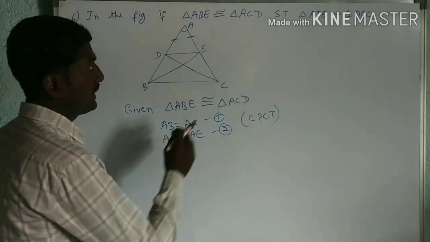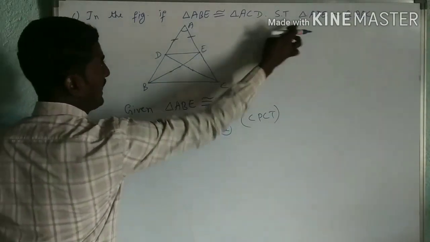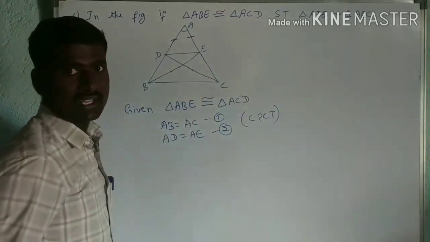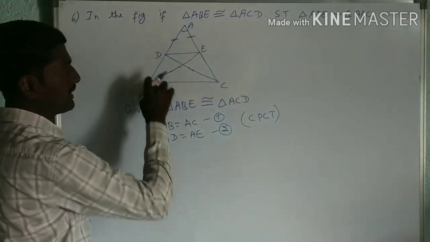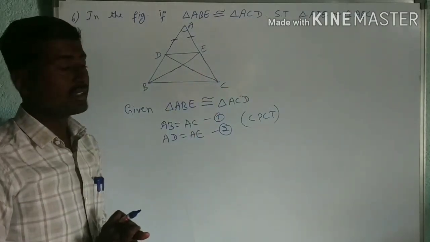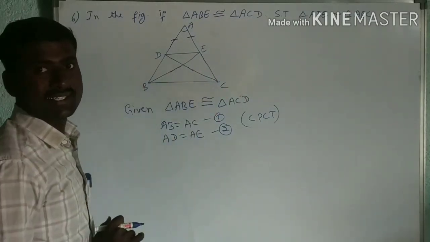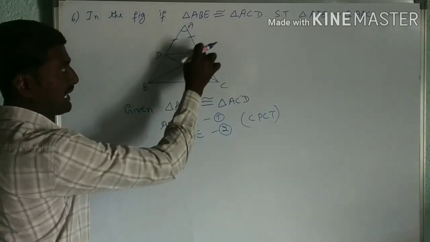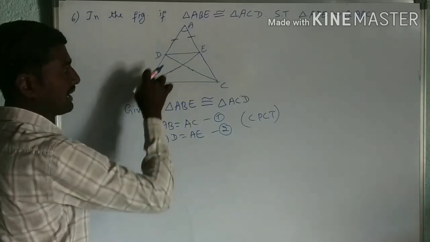Next, concentrate on triangle ADE and triangle ABC. To say these two triangles are similar, I can use the SAS similarity criterion, because angle A is common for triangle ADE as well as triangle ABC.